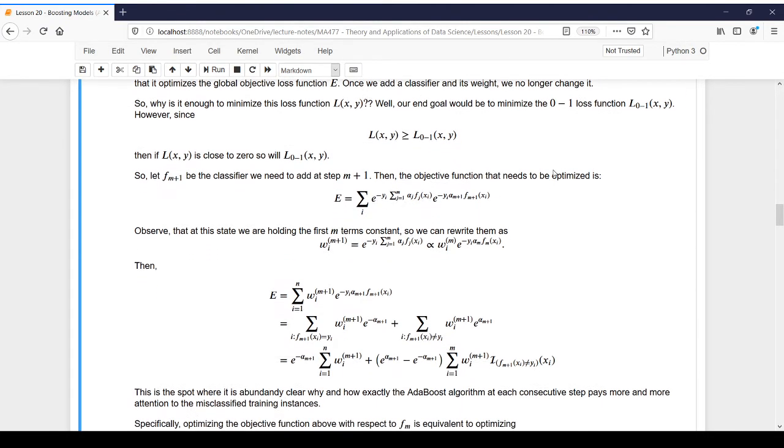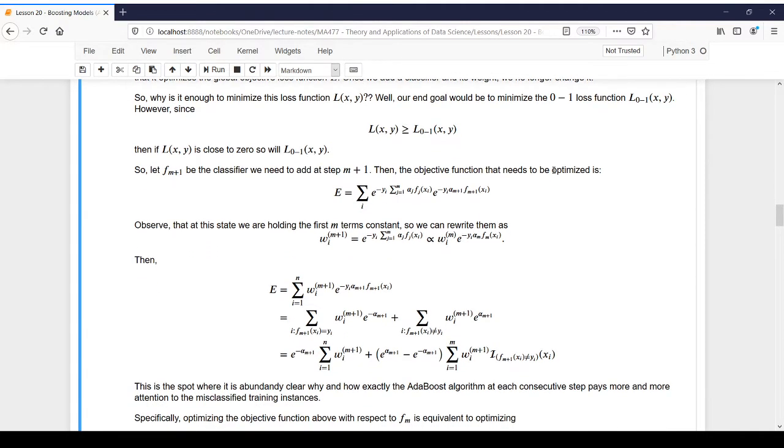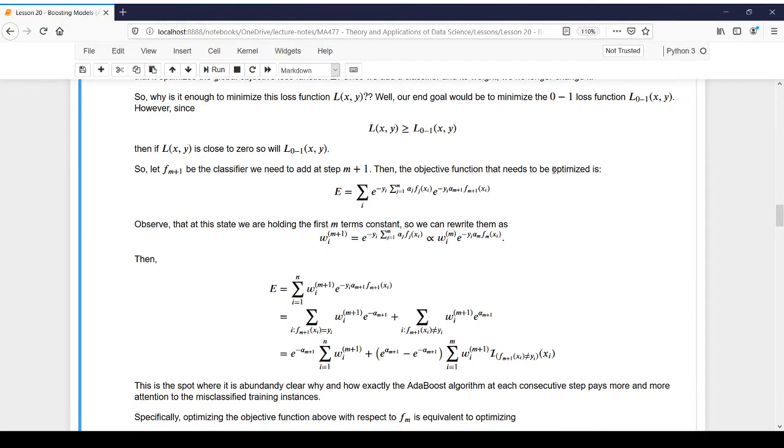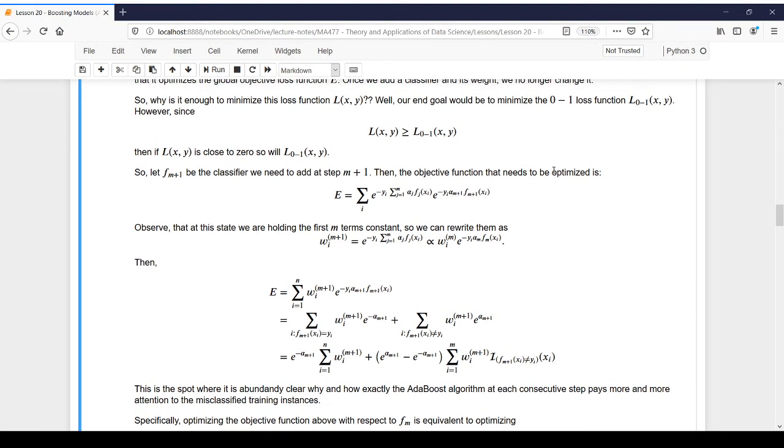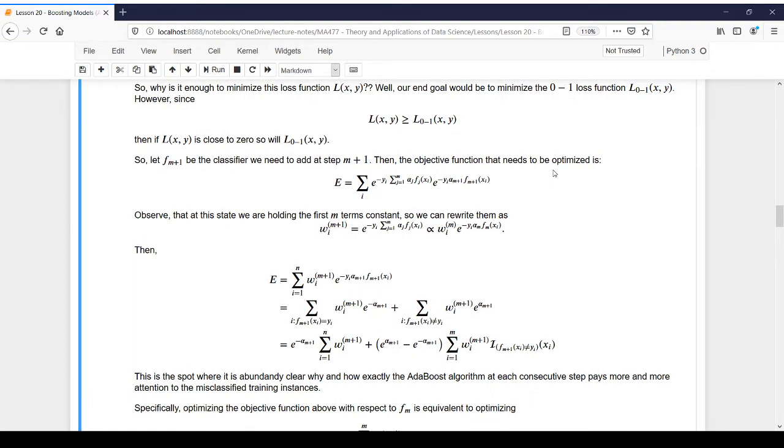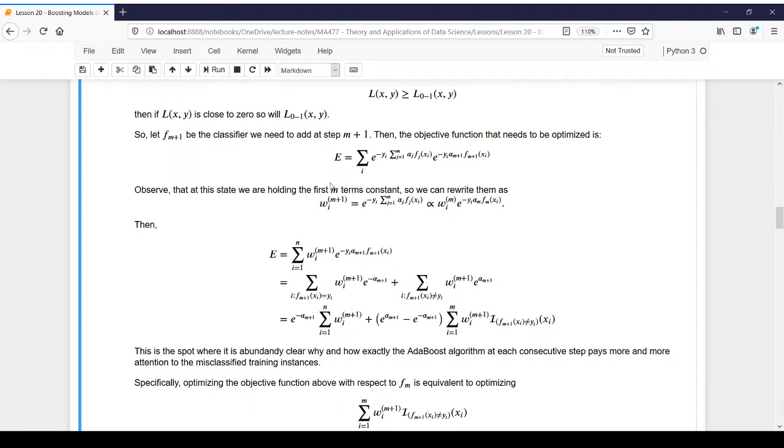Okay, so we're finally at my favorite part of this, where this idea becomes a little clearer: each weak learner improves upon its predecessors by focusing on the subset where its predecessor did worse. Suppose that f_{m+1} is the classifier that we need to add at step m+1, that we need to fit to our data.